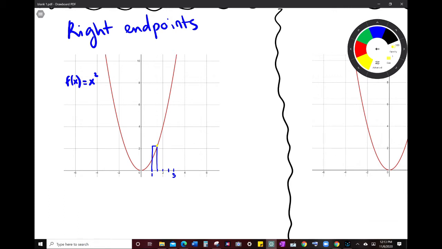That's my first right endpoint. And then next I'll draw the next one, and my right endpoint is right here.